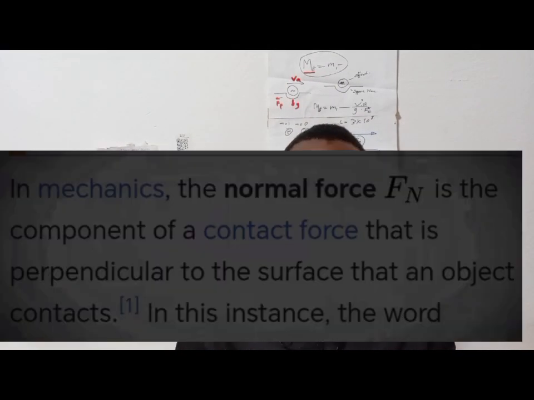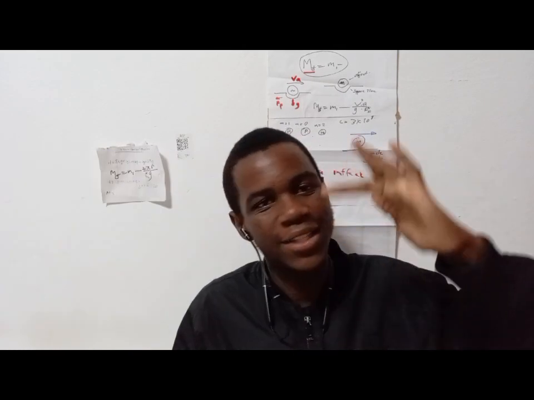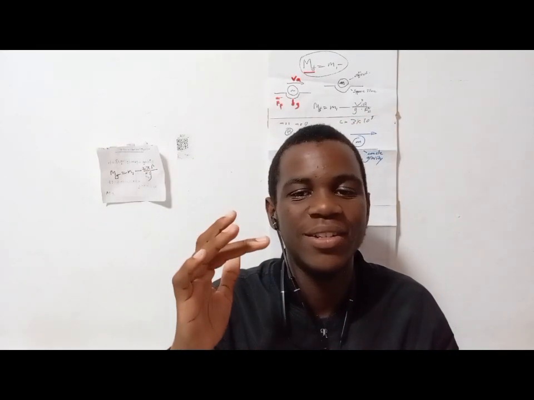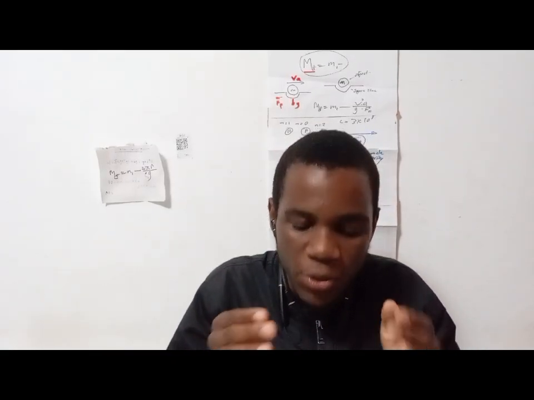Basically, it is telling us that there is a force acting on the object as the object is in contact with the surface. So there is a force that is equal to the gravitational force.